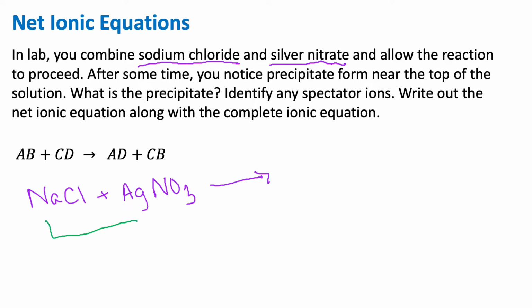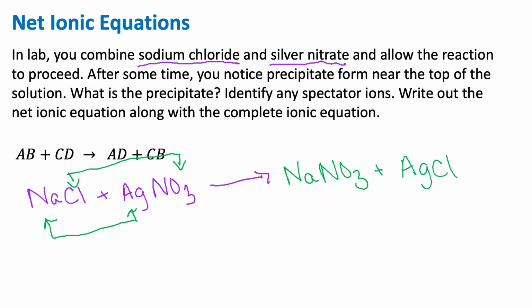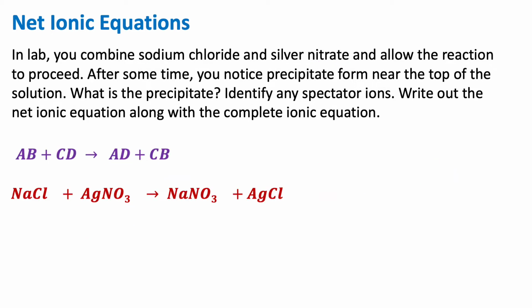So the two cations are going to replace one another, and the two anions are going to replace one another. So as a result, we're going to get sodium nitrate plus silver chloride. Here I've just written it out more clearly. So we have sodium chloride, silver nitrate, and they react to produce sodium nitrate and silver chloride.